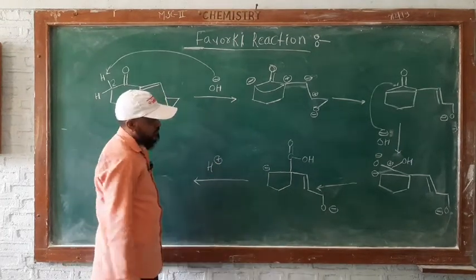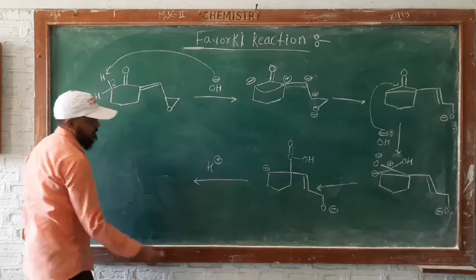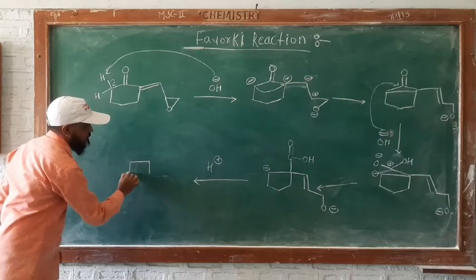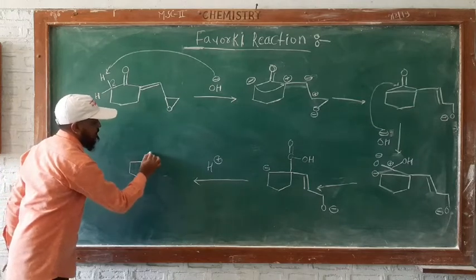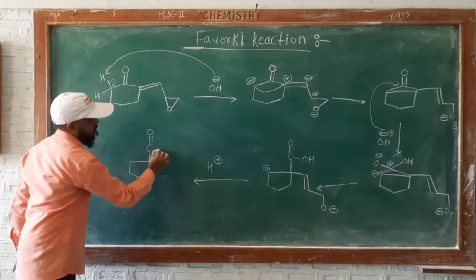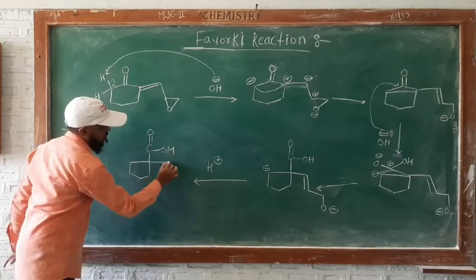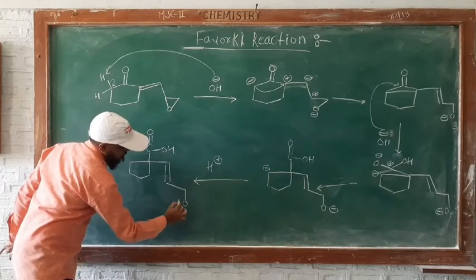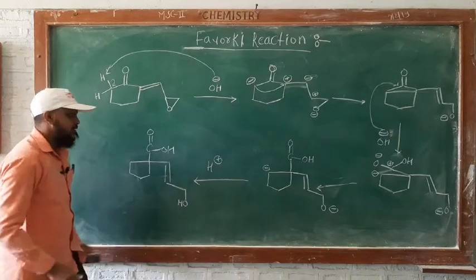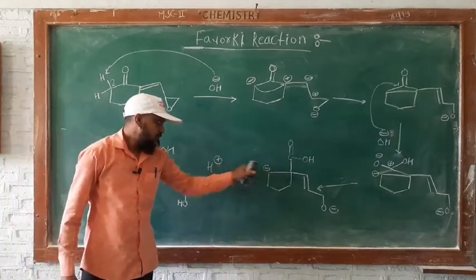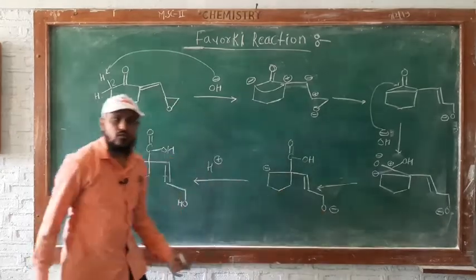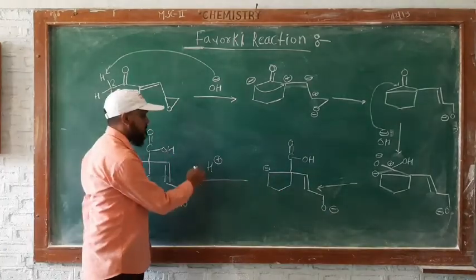After the protonation we can generate a final product like that. This negative charge of carbon is stabilized by the abstraction of a proton, and this negative charge of oxygen is also neutralized by the abstraction of a proton.